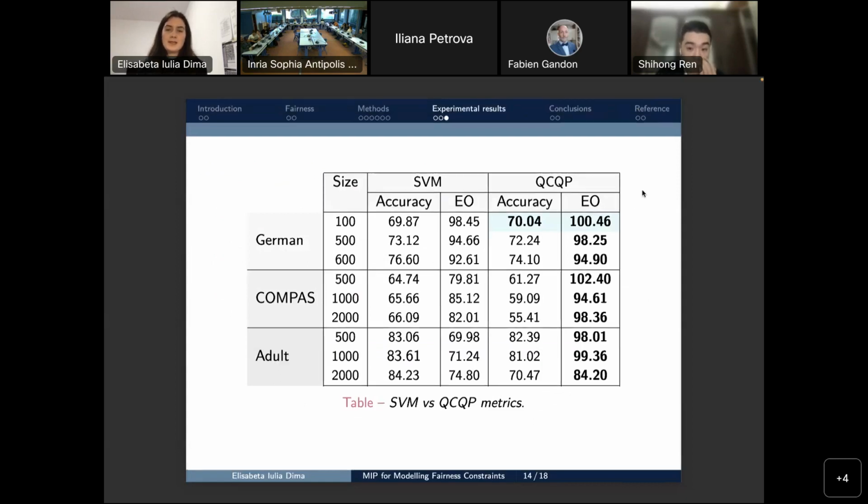We can see that it gives us a better equal opportunity without losing a relevant difference in accuracy. For example, we can go from having equal opportunity 69.98 to 98.01.